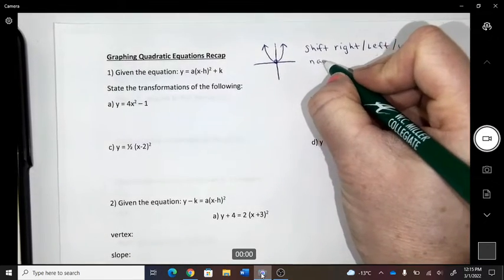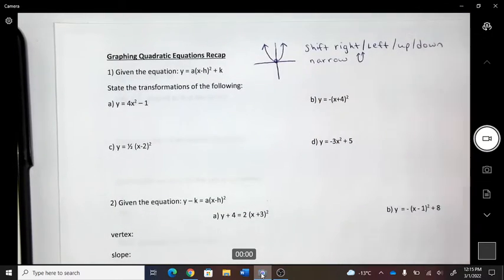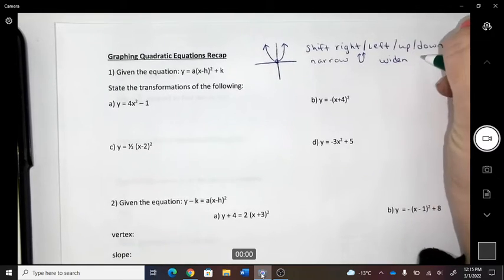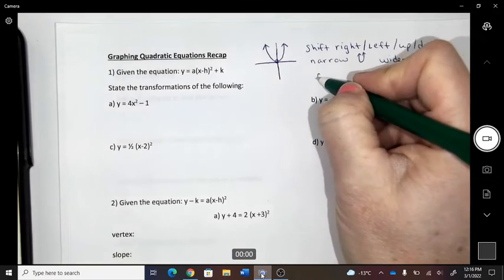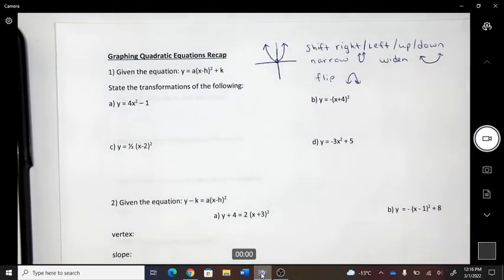We could narrow so that the arms went skinnier like that. Or we could widen. Okay, so changing the pattern of the arms of it. And then there was one more thing that could happen. It could flip or reflect like that.